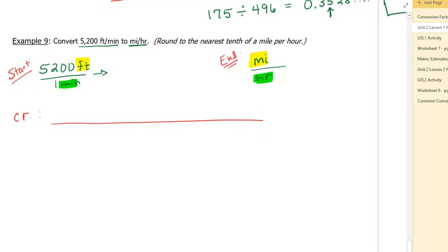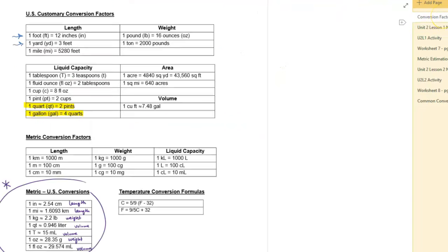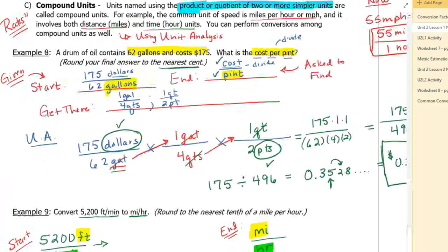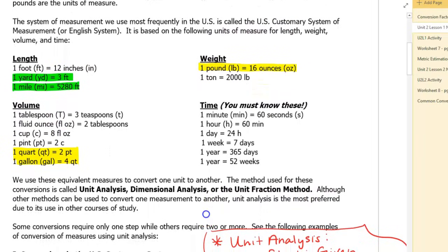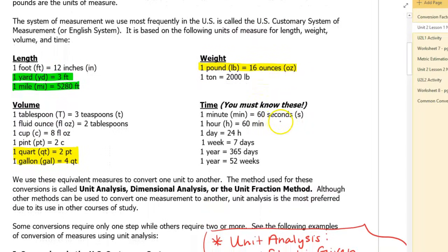If we go back to our conversion chart, we do know that there are 5,280 feet in 1 mile. And we're asked to go from minutes to hours. Well, hopefully you all know there are 60 minutes in 1 hour. And I think that was on the front page of our notes up here. Yeah, we have our time here, but most people know these by heart.